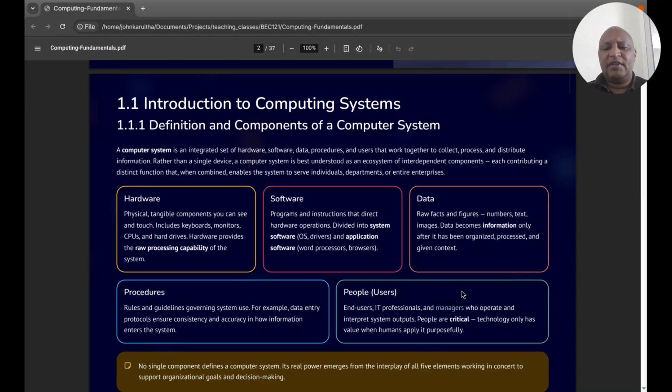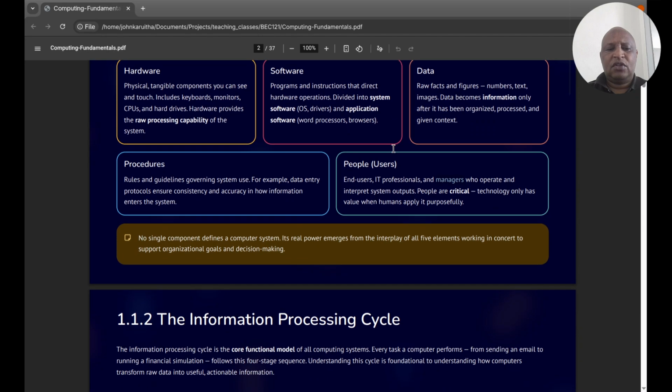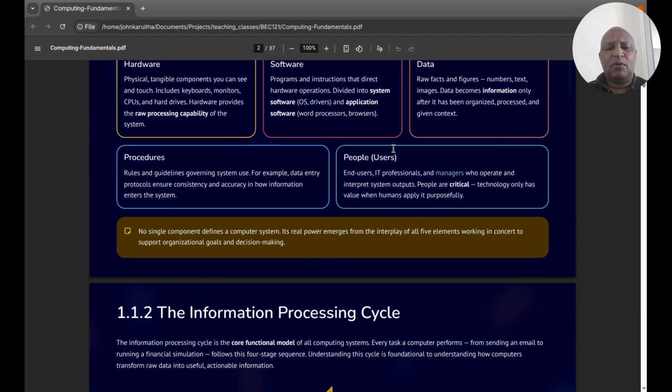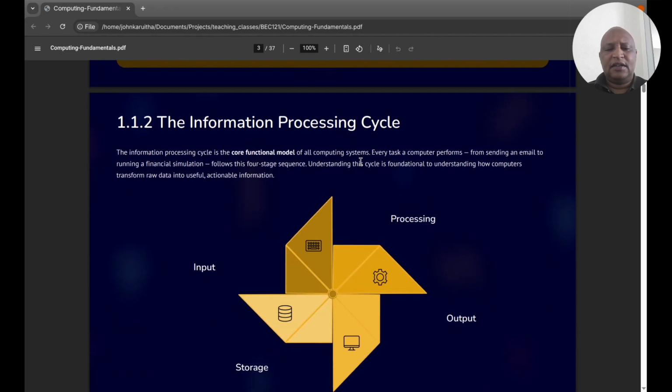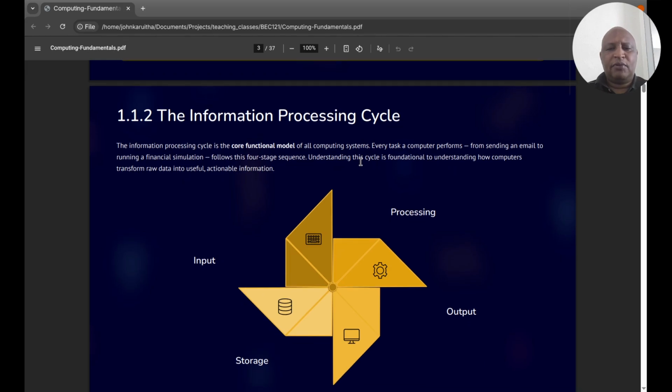So people are very, very critical because technology is only as good as the people who use it. So there is no single component that defines a computer system. A computer system is a series of all these coming together to do something and come up with outputs that can be consumed.